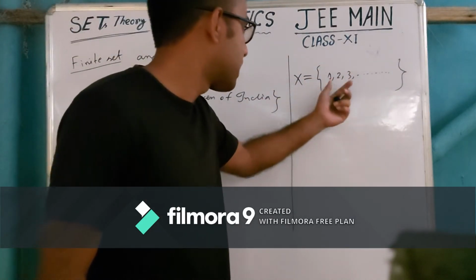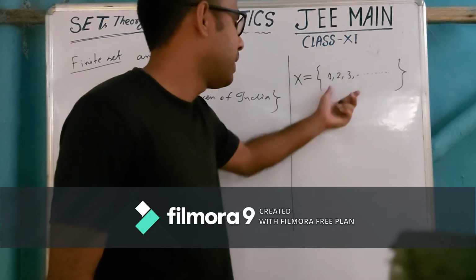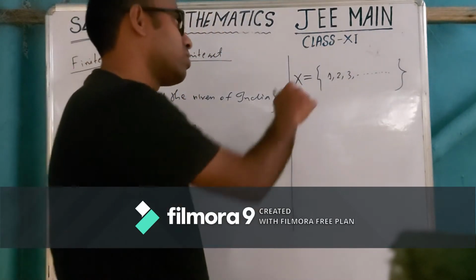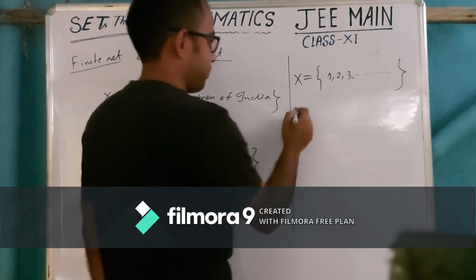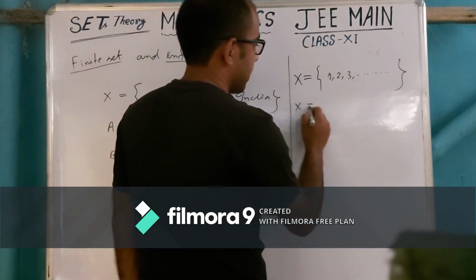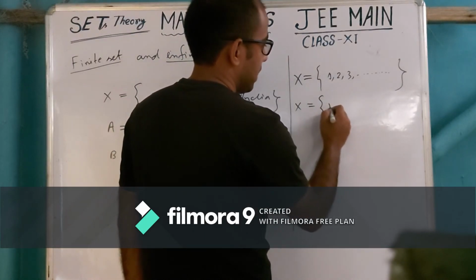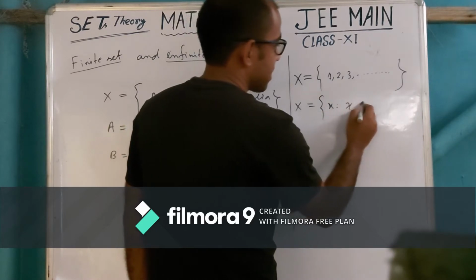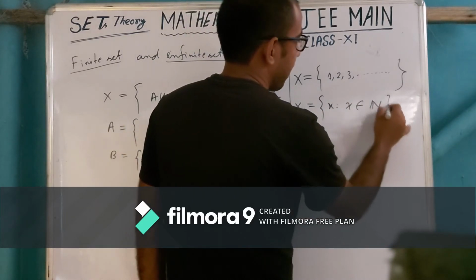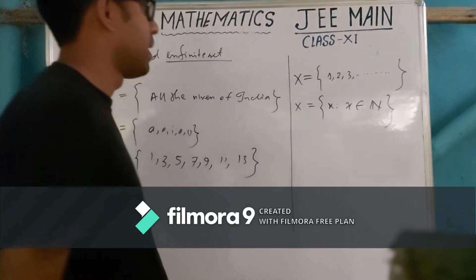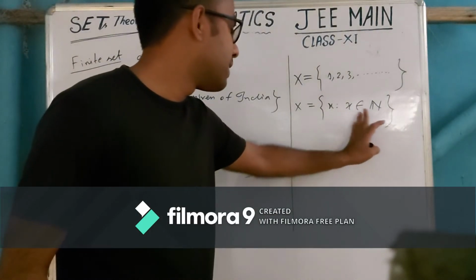That means this set contains infinitely many elements. So it is called an infinite set. This set can be written as X such that x belongs to N, x is an element in the natural number set.